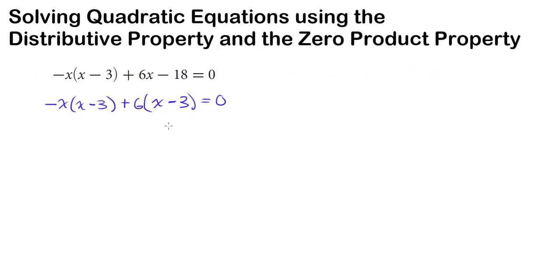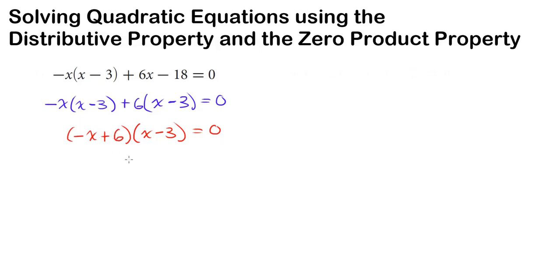And now we can go ahead and rewrite this equation using the distributive property. So we're going to keep one of the x minus 3's, and then we're going to write a new binomial here with negative x plus 6.